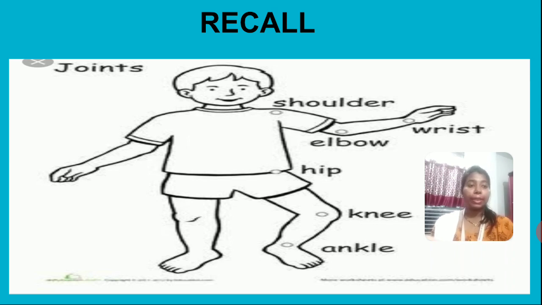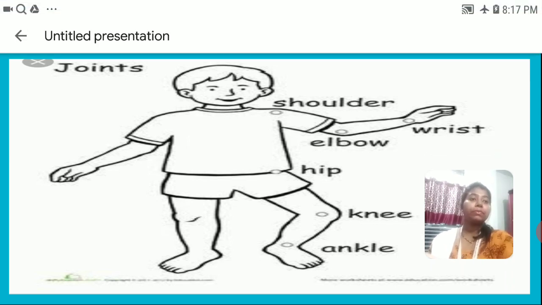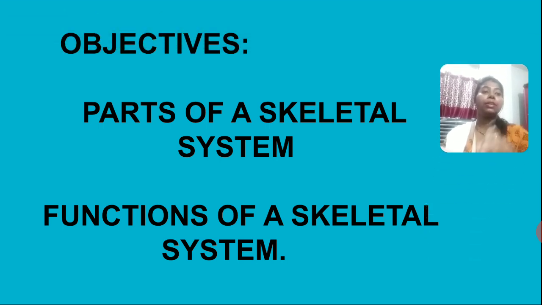Okay, so today we will learn about the parts of the skeletal system and the functions of the skeletal system. Last class we just read the names of the parts, so today we are going to discuss the parts, and also learn about the functions.